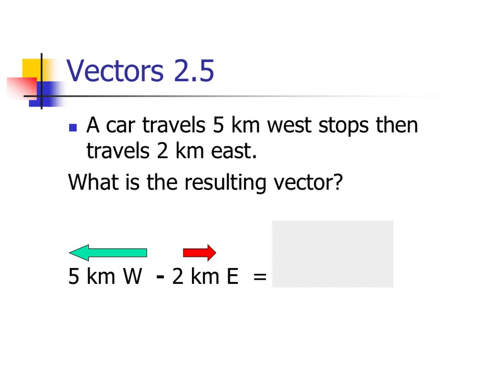What happens when they're not going in the same direction? This time we can bring in some terminology that we haven't used yet, and that is the change, or delta.